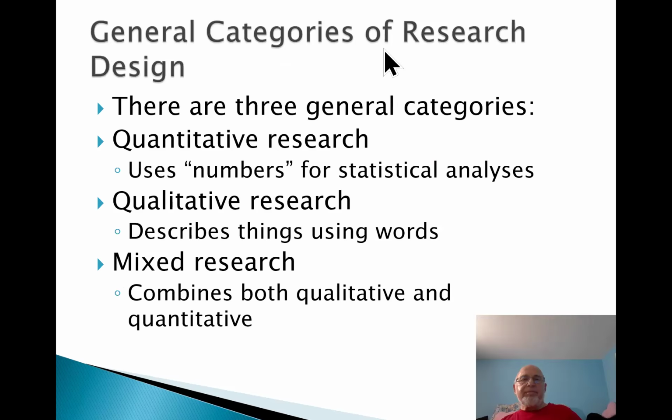Okay, so we have now general categories of research. There are three. Now, this has to do with types of research, okay? And that is, there's something called quantitative research, and there's qualitative research, and then there's quantitative plus qualitative called mixed. These research categories have to do with when we do statistical analyses.